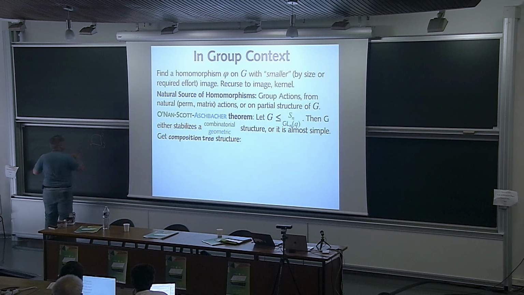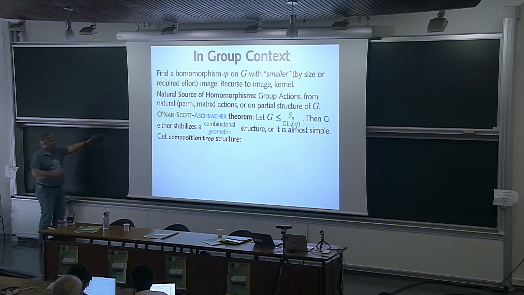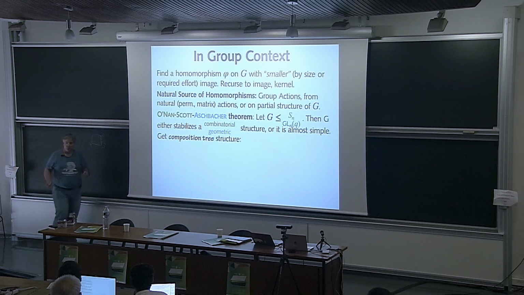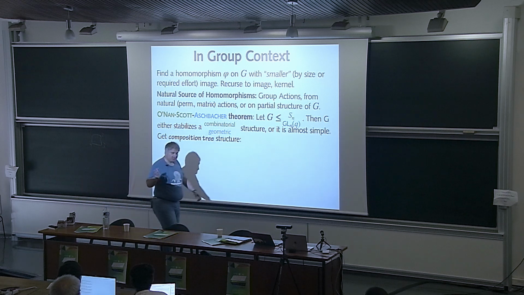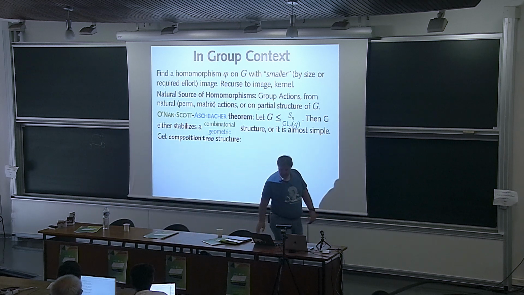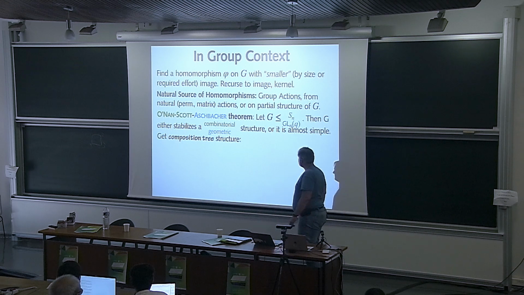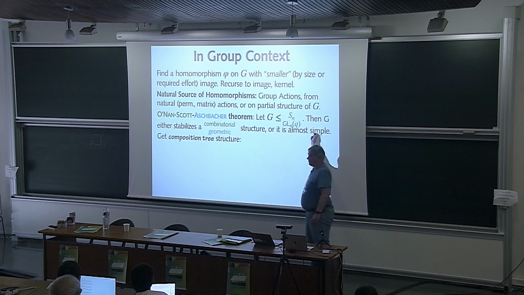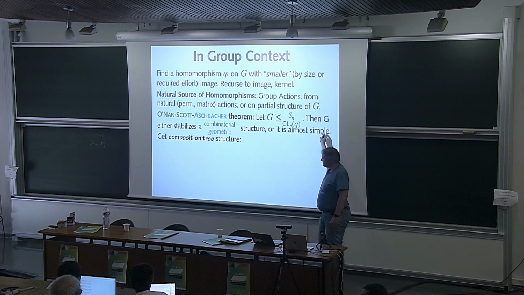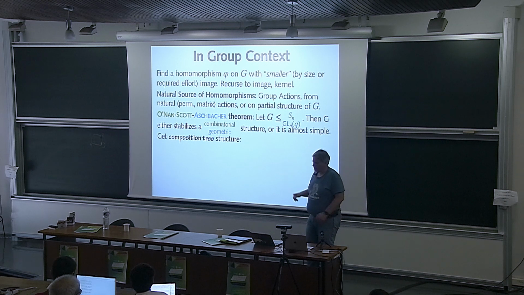For example, the dihedral group, the 8 symmetries of a square, if you partition your 4 points in the two diagonals, the partition 1, 3 and 2, 4 is fixed under the group, and the group acts on this partition. You get a homomorphism to the symmetric group S2 that is smaller. That would be such a homomorphism. And these two theorems basically say this is always possible unless the group is almost simple. Almost simple just means simple with some automorphisms on top. Let's ignore the automorphisms for the moment. They are just a technical issue.